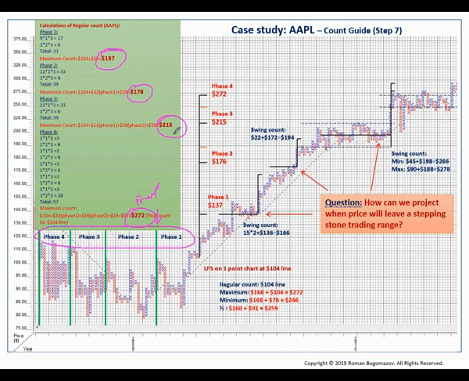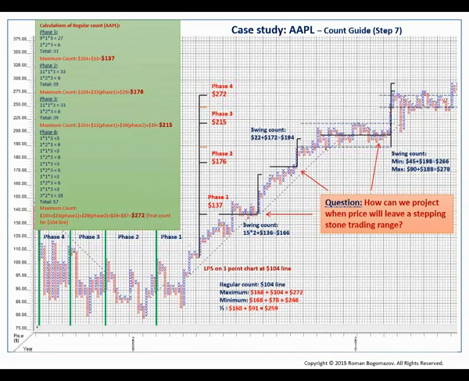And as we go through this stepping stone, if we know the final objective right here, so let's say that we're in phase 3 right here, we can actually, knowing the final objective, calculate how many columns in this stepping stone range we should have before the price is going to leave this trading range.